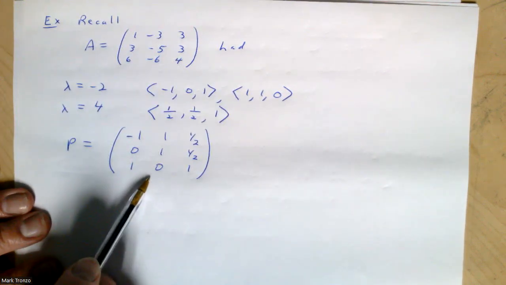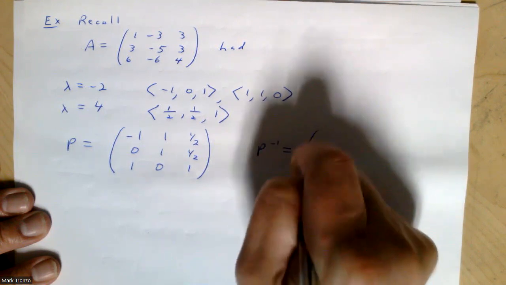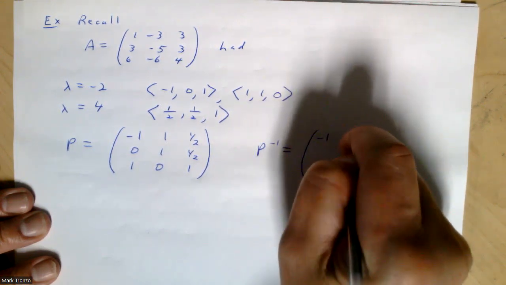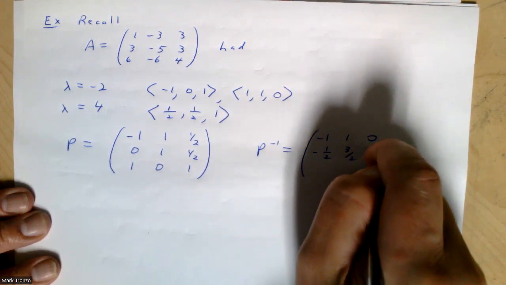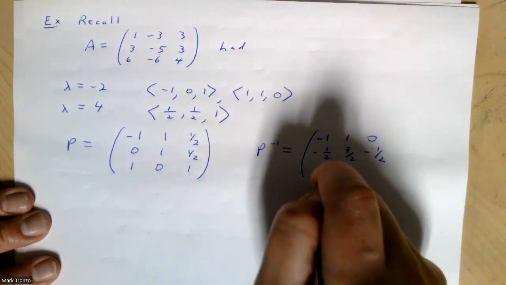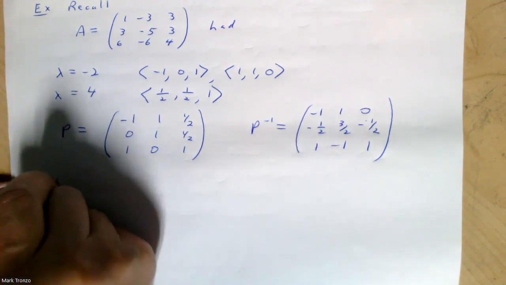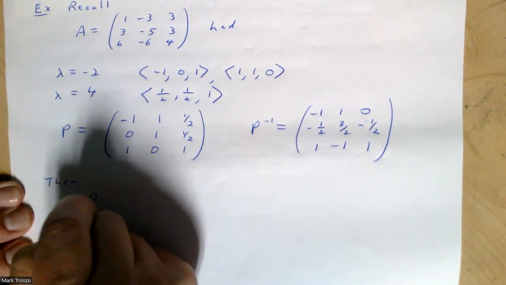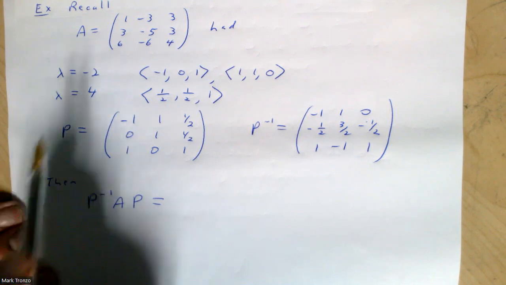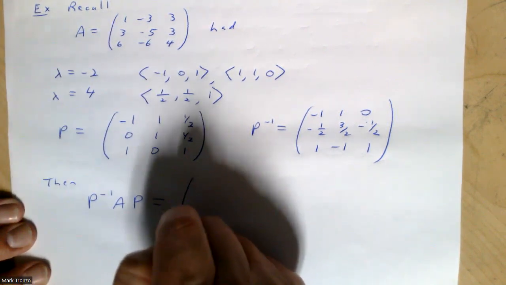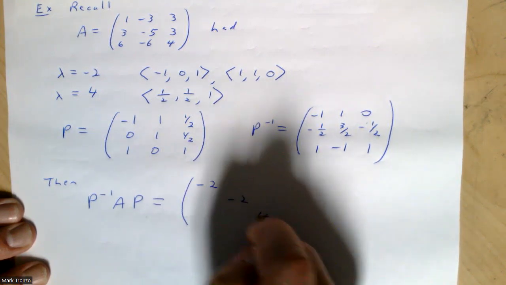If you found the inverse, and I won't go through the process, the inverse is going to be minus 1, 1, 0; minus 1/2, 3/2, minus 1/2; 1, minus 1, 1. Then P inverse AP, if you multiply these all out, gives you the diagonal matrix with minus 2, minus 2, 4.